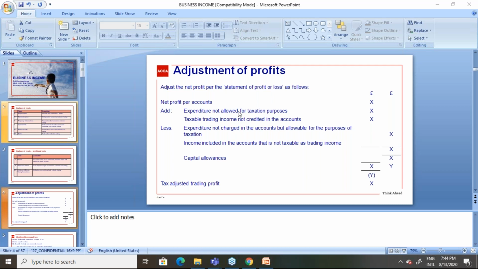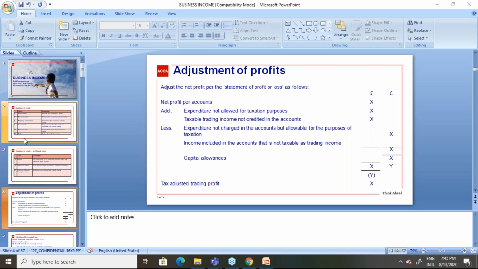Accounting profit is not a concept that is recognized in taxation, because those two are completely different subjects. Therefore, we cannot rely on the accounting profit that you have calculated by preparing the income statement. Hence, you need to make certain adjustments to convert your accounting profit into tax-adjusted trading profit.